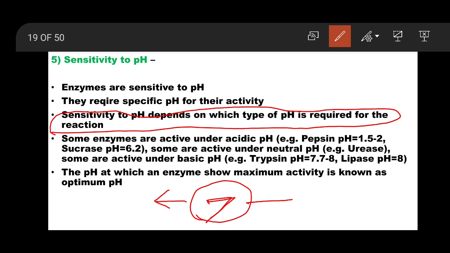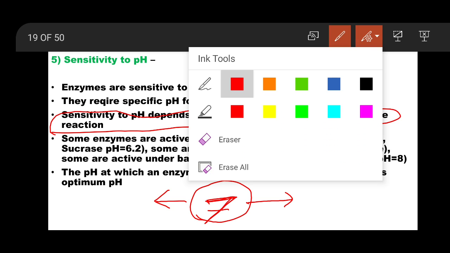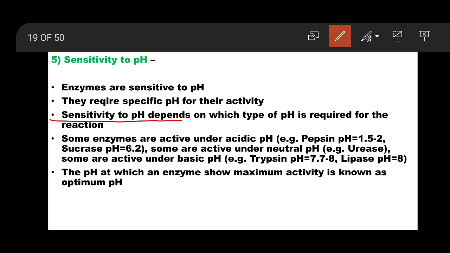If pH increases, then also the activity will decrease, because pH 7 is required. For example, I am telling. So the sensitivity to pH depends on which type of pH is required for the reaction.